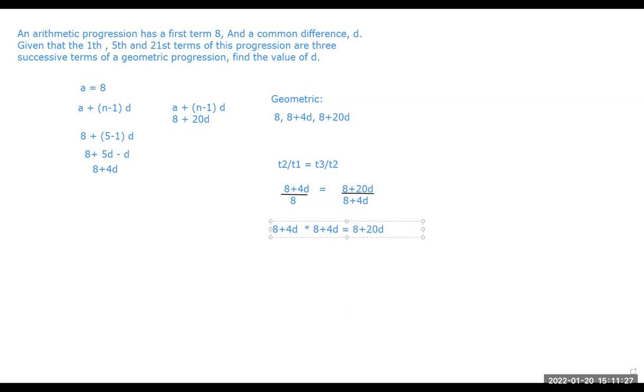Very good. Cross multiply. 8 plus 20d times. Why didn't you just carry over the times 8? Just bring up the 8. Yeah, just cross multiply. Sorry, what do you mean? When I say cross multiply, instead of dividing by 8, why not multiply both sides by 8? So you wouldn't have any more fractions.